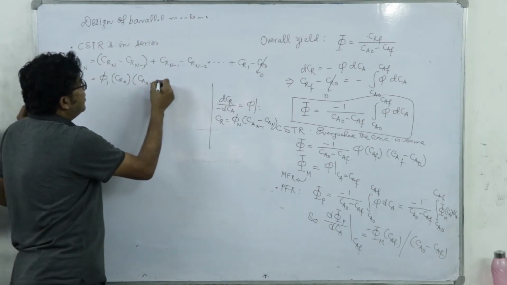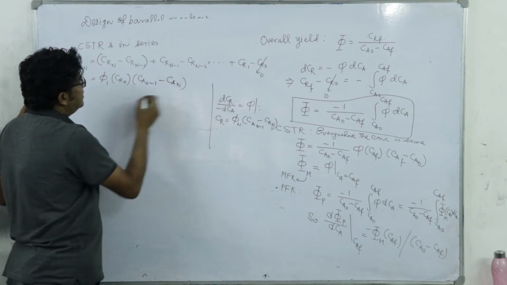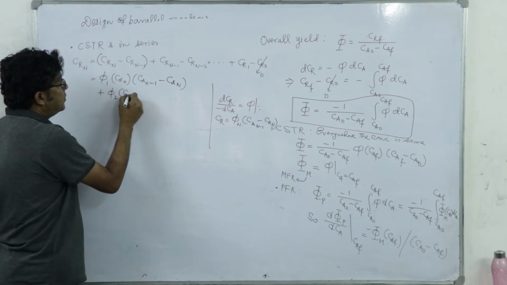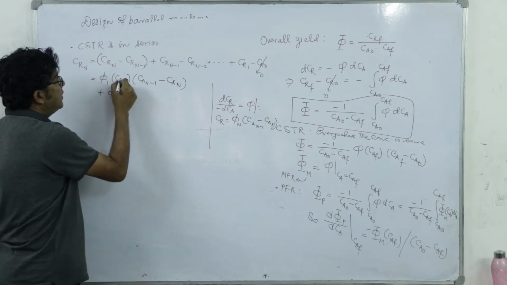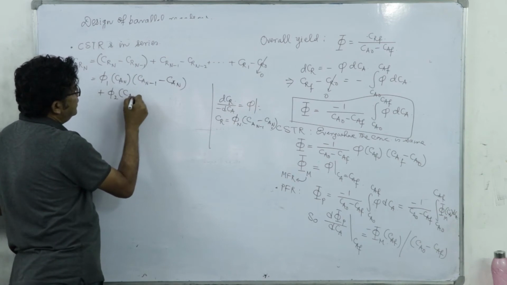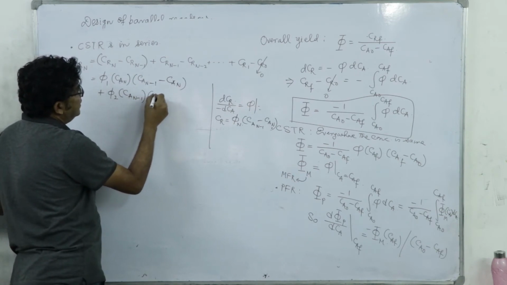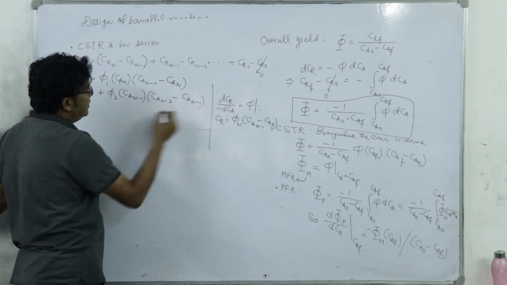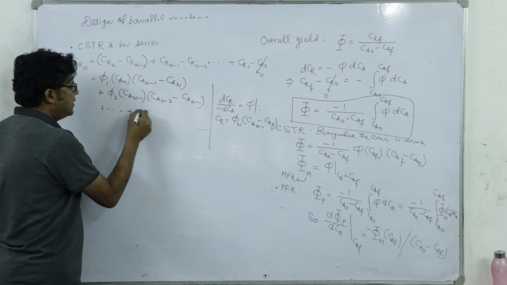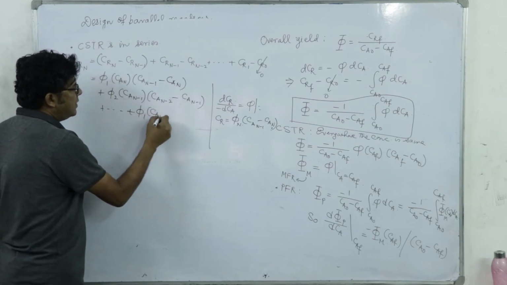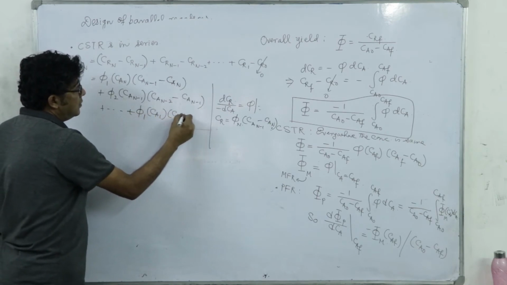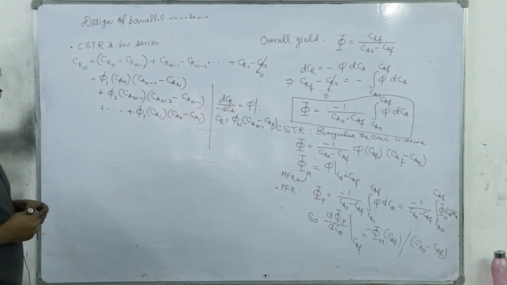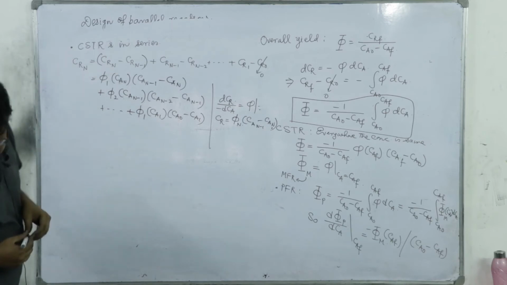So, Can minus 1 minus Can plus the second phi 2, this is Can minus 1 into Can minus 2 minus Can minus 1, and in this way finally phi 1 at Ca1 into Ca0 minus Ca1. So that's the relation for phi and the final concentration.